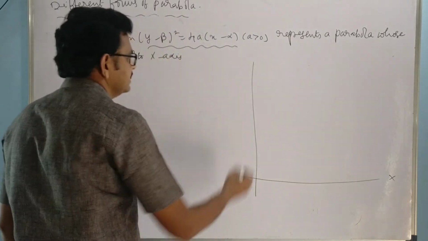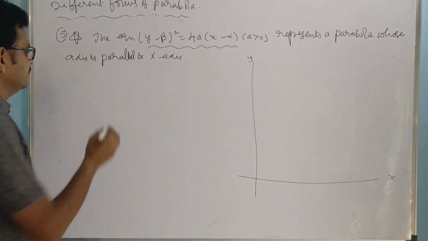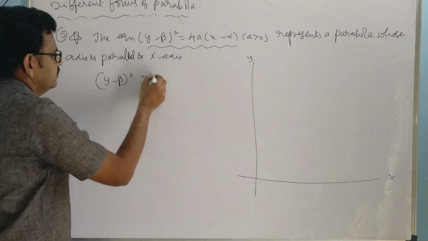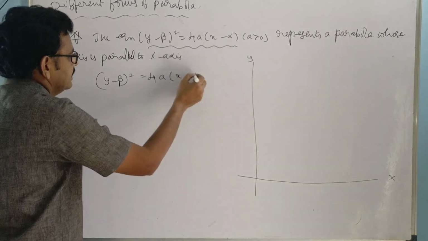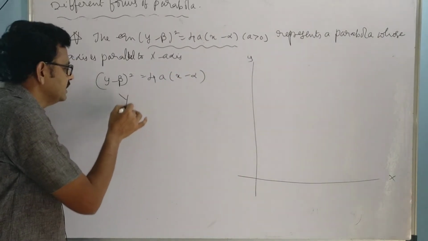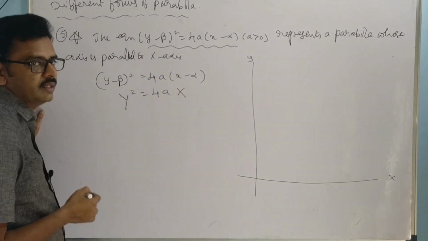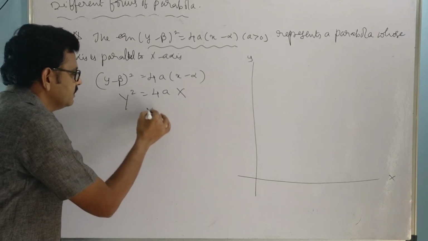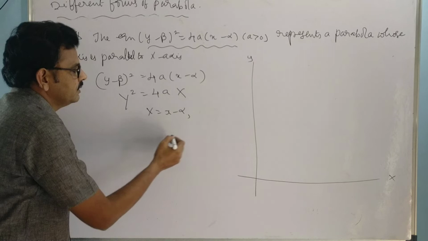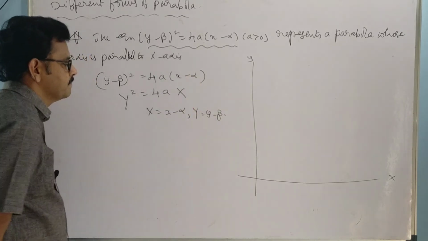Suppose this is the x-axis and y-axis. So this is y minus beta whole square equal to 4a into x minus alpha. This is just like the y square equal to 4ax form, where capital X is equal to x minus alpha, and capital Y is equal to y minus beta.